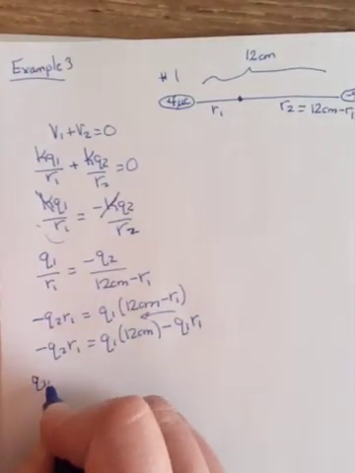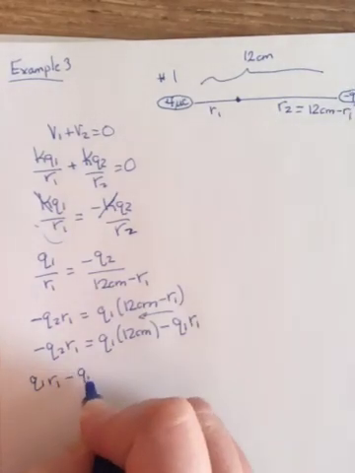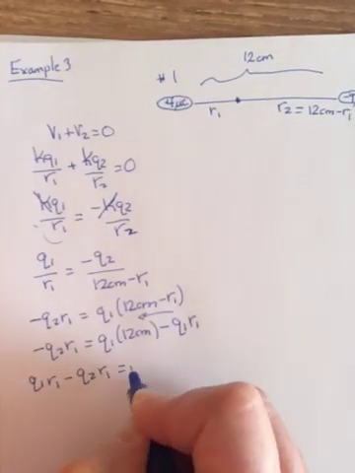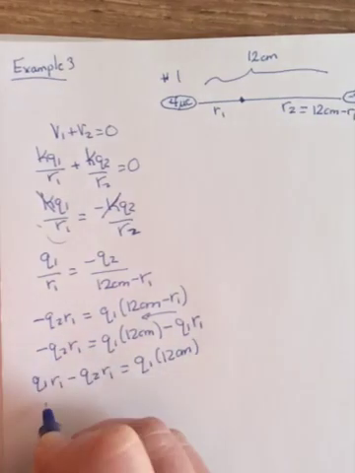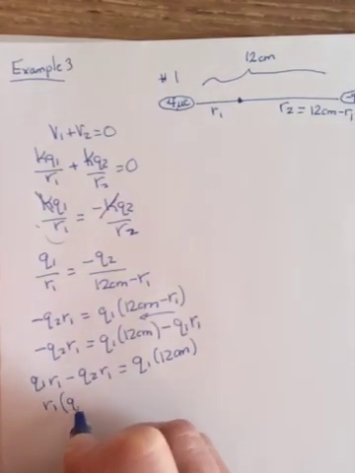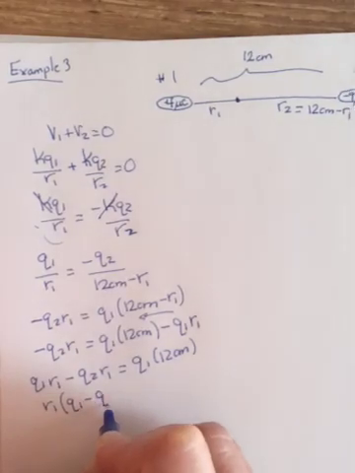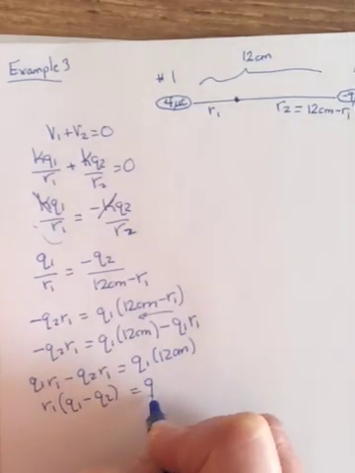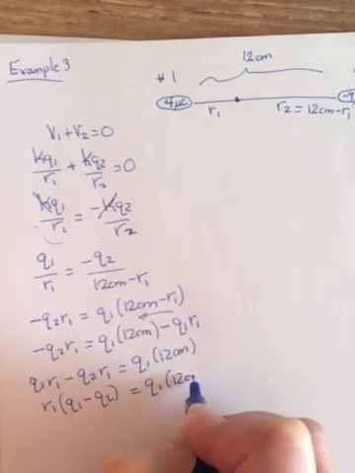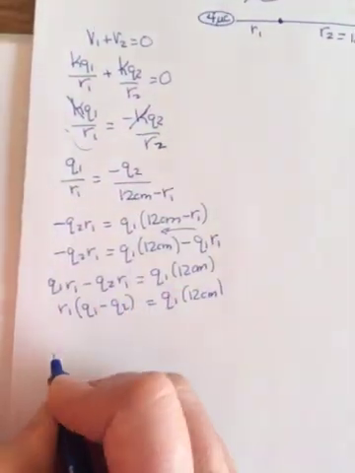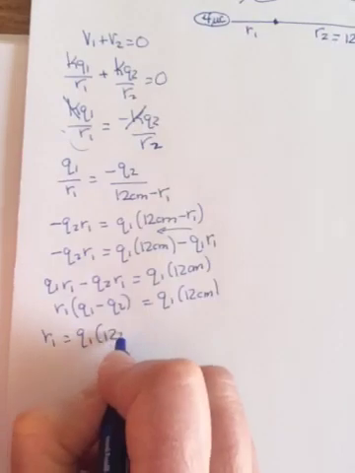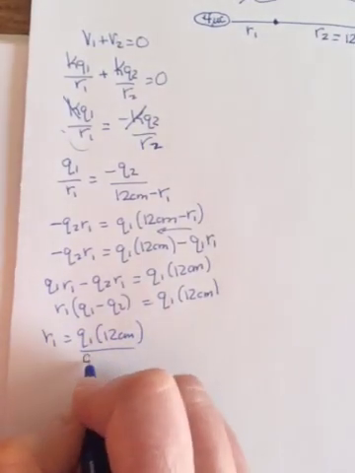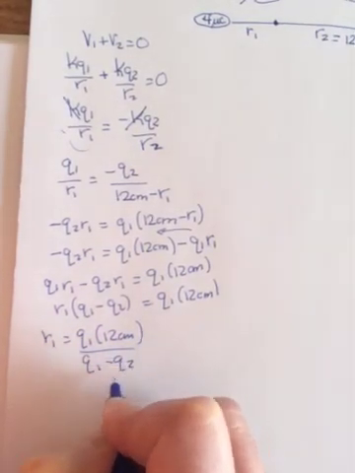So it'll be q1 r1 minus q2 r1 will be equal to q1 times 12 centimeters. Pull out your r1, so it's q1 minus q2 equal to q1 times 12 centimeters. Divide by q1 minus q2. So q1 times 12 centimeters divided by q1 minus q2.